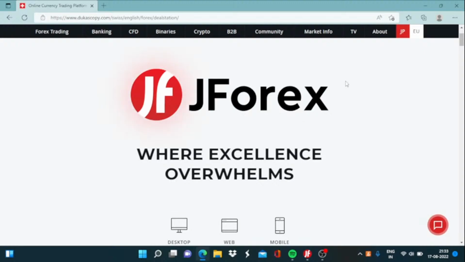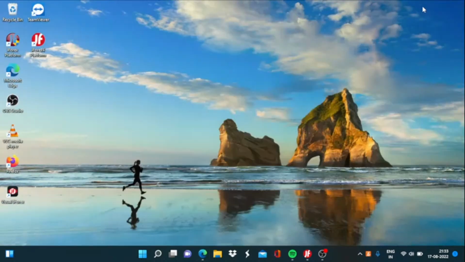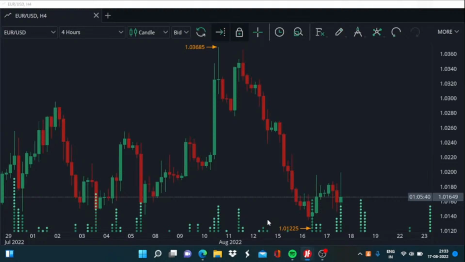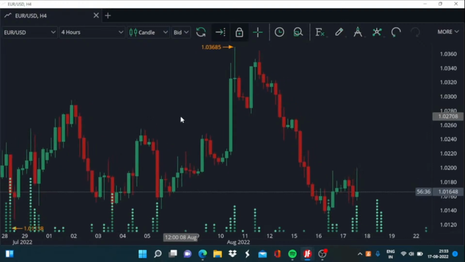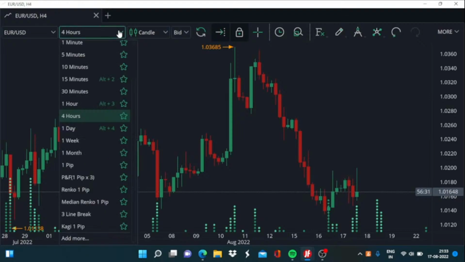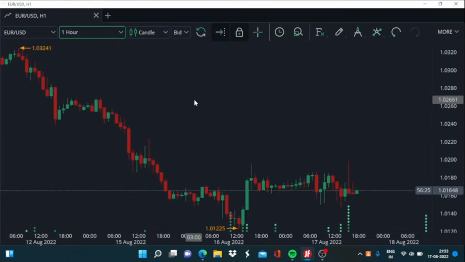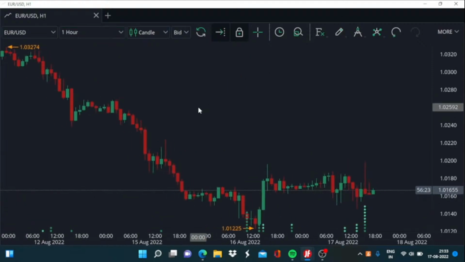Now let us head to the JForex 4 platform, which has been developed by the Dukascopy Bank SA. This is the newly released JForex 4 platform, and it is quite aesthetic to look at. I will change this chart to the hourly candle period. Okay, this is the Euro USD chart drawn on the hourly time frame.